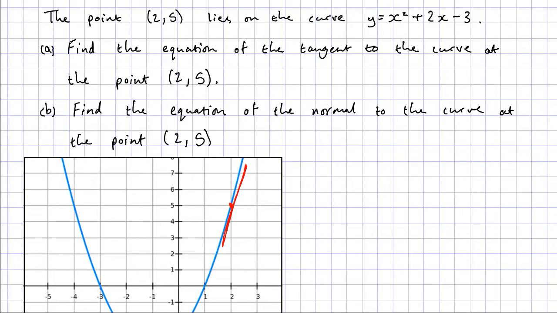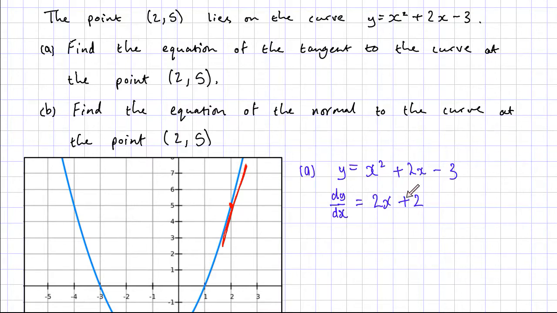So question A: we have y equals x squared plus 2x minus 3. If I differentiate that, I have dy over dx equal to 2x plus 2. So my gradient function is 2x plus 2.